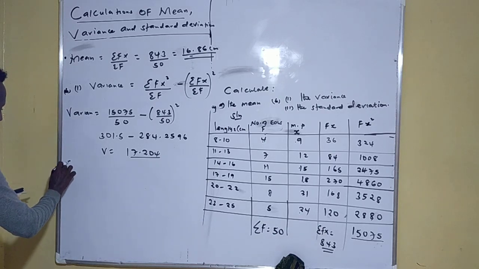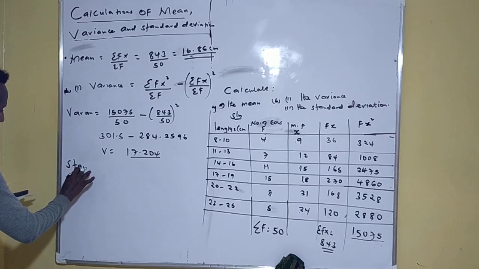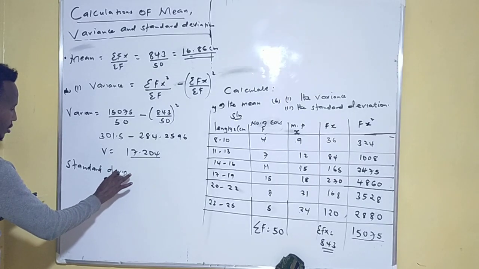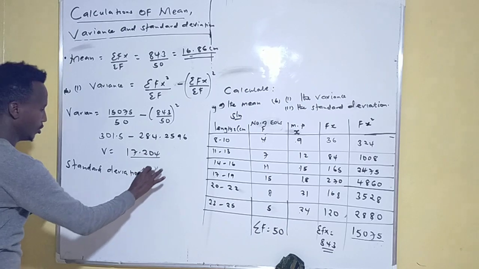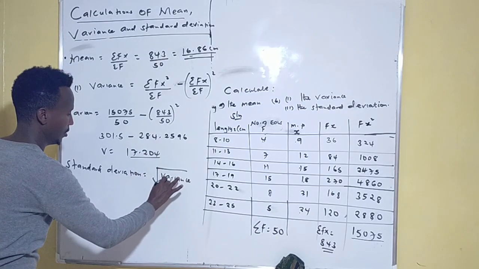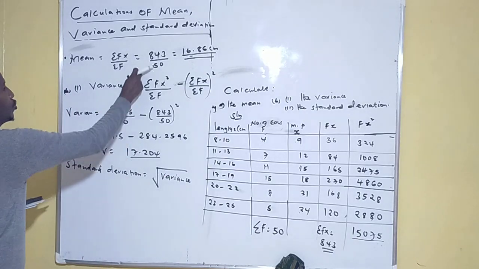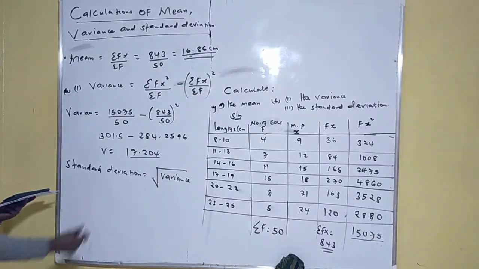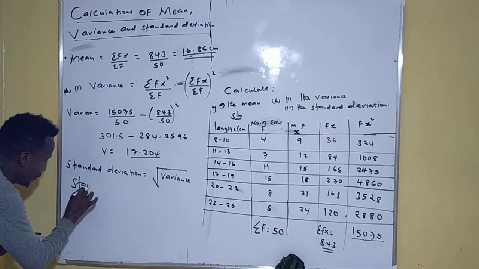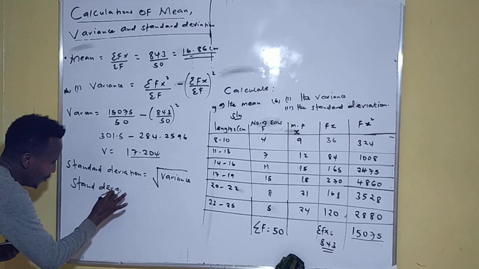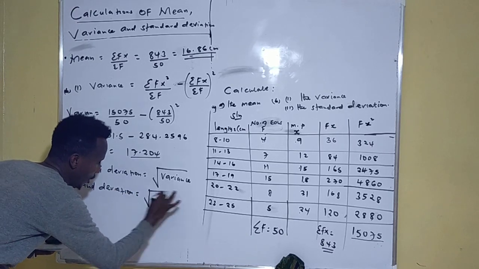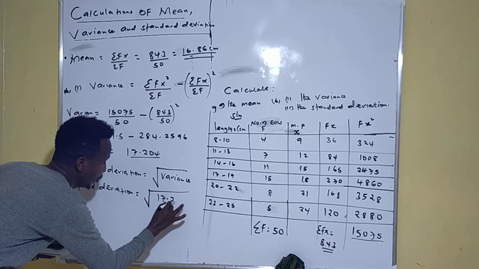Then we go to standard deviation. Standard deviation is equal to the root of variance. So standard deviation is the root of the final answer, which is 17.204.